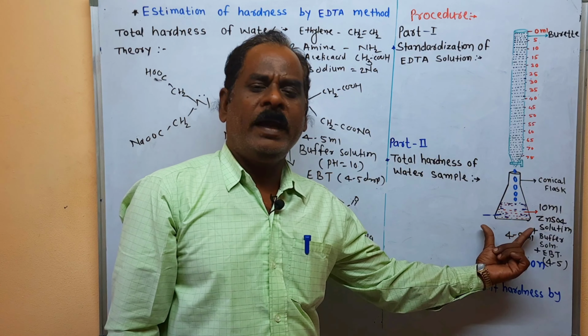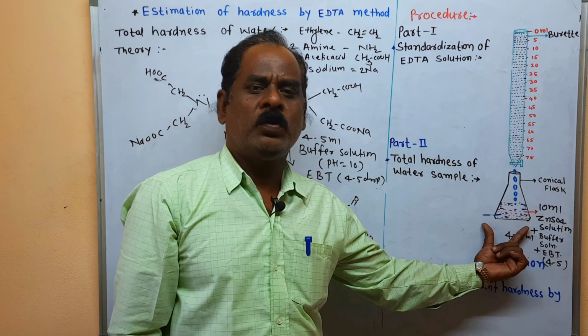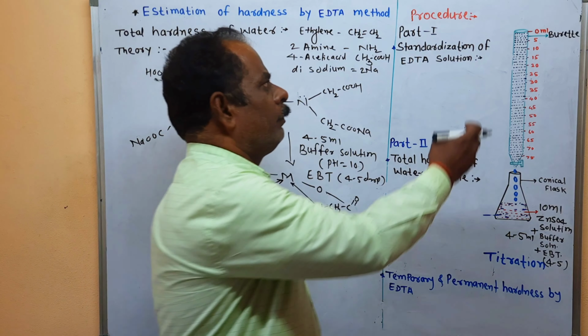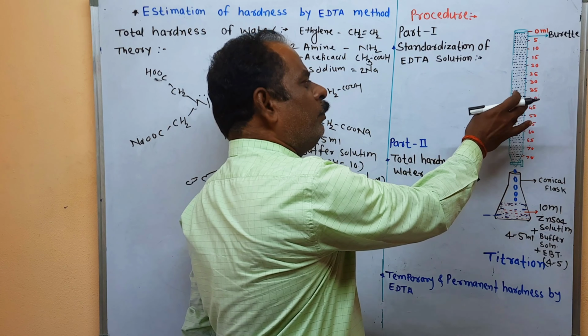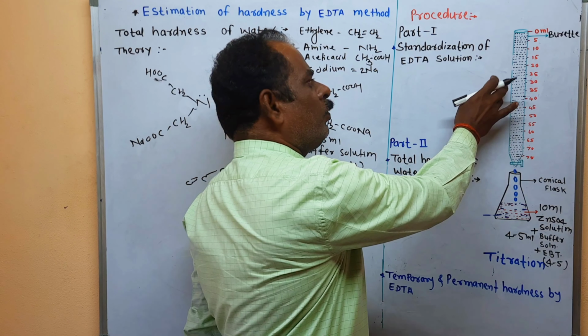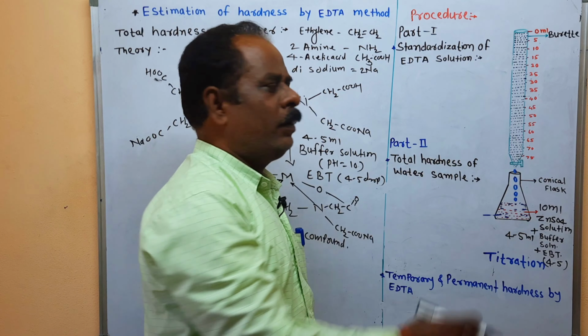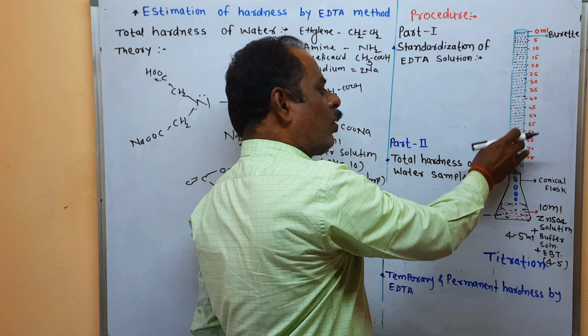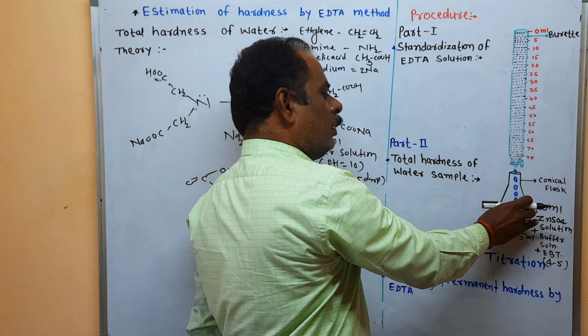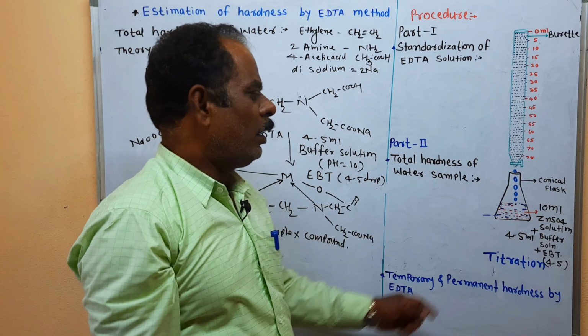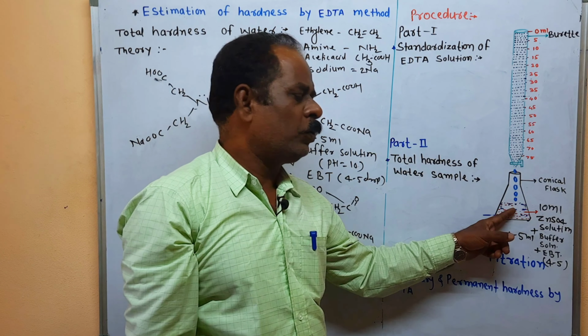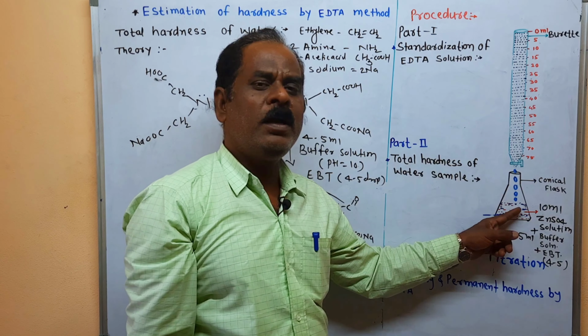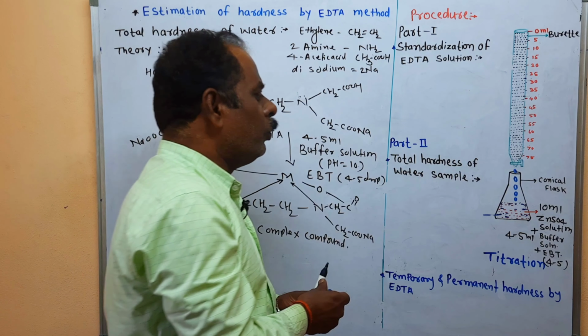Titrate this pink red zinc sulfate mixture with EDTA. Fill up the EDTA solution in the burette up to the mark and add the EDTA solution drop by drop to the zinc sulfate solution until the color of the solution changes from pink red to sky blue.